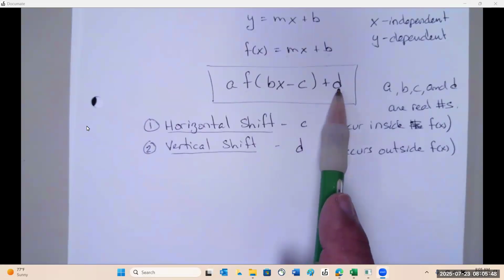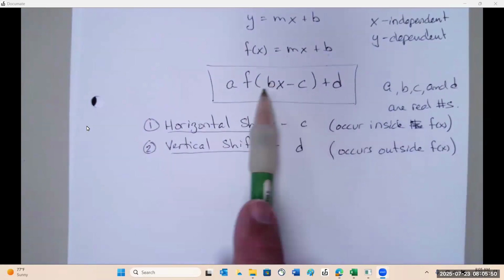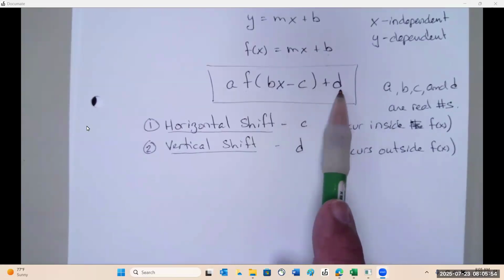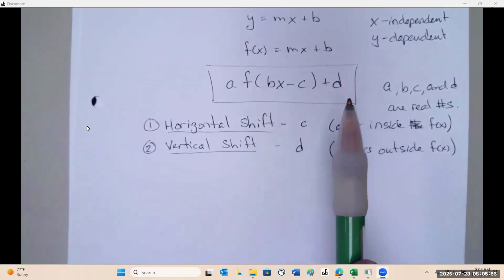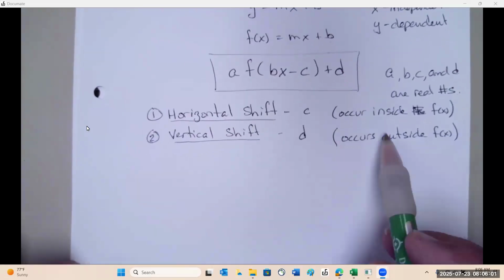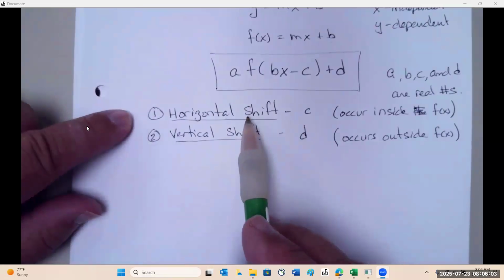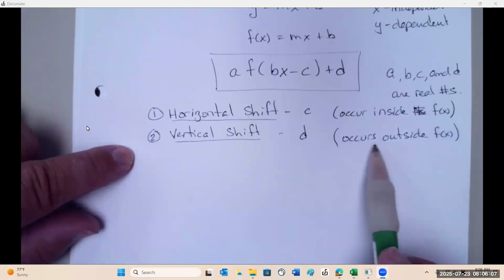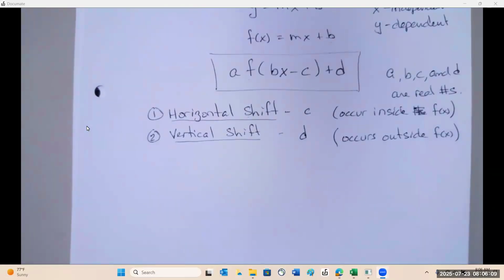Now, if it happens outside, once I finish getting the answer from the function, I either go up or down from that point. That's a vertical shift. And this is always true. Anything horizontal occurs inside the function. Anything outside the function affects it vertically.